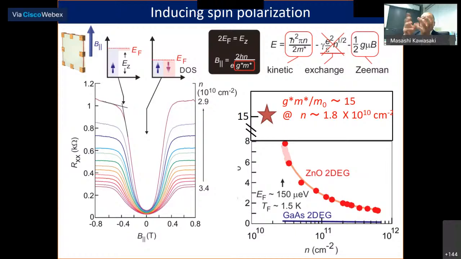Then the energy for the up-spin electron and down-spin electron can be changed. That's why above a certain magnetic field, you don't have any cyclotron motion, but your electrons are totally up-spin. Then you can analyze everything in a spin polarized or ferromagnetic state. That makes everything simpler. That's why we play with this in-plane field.